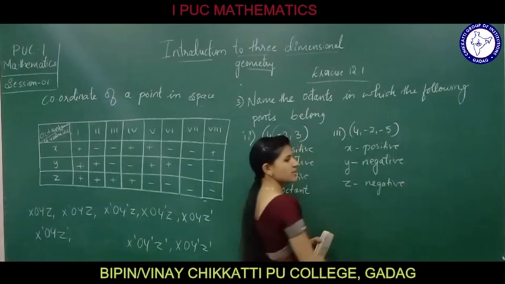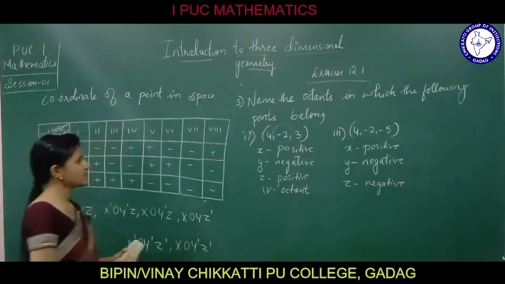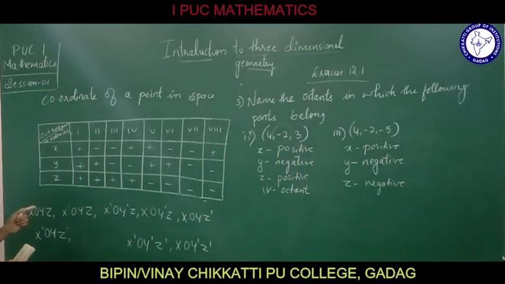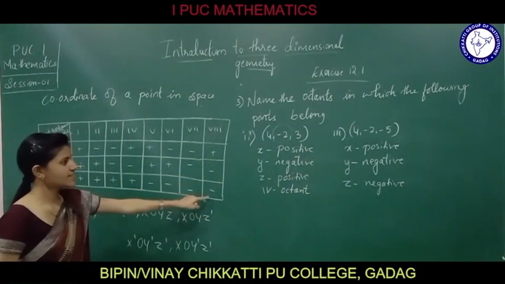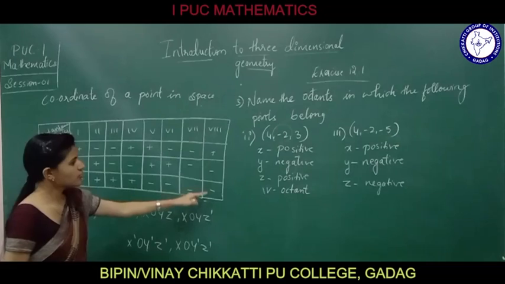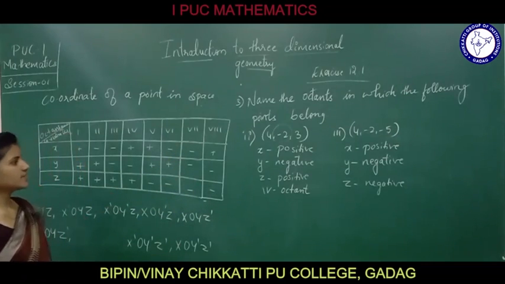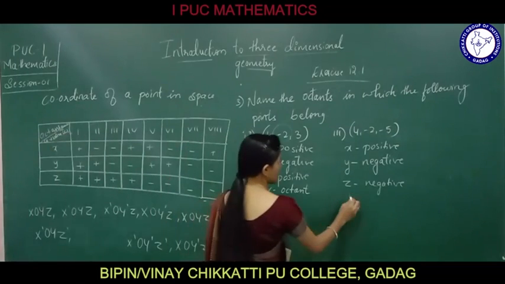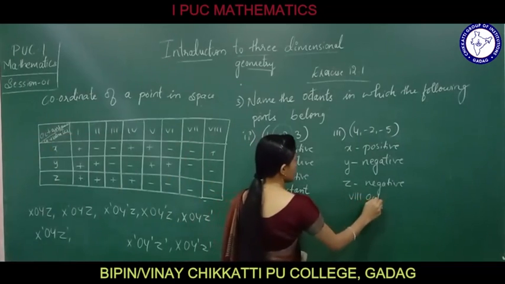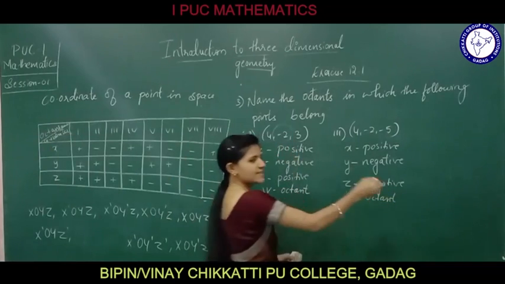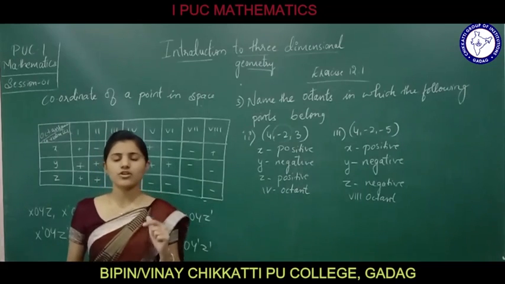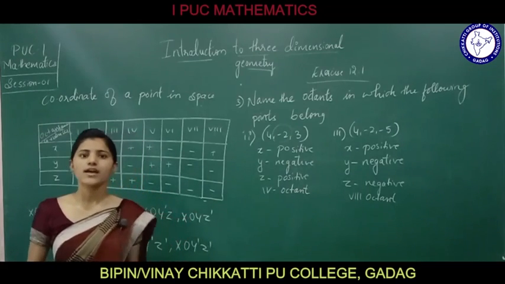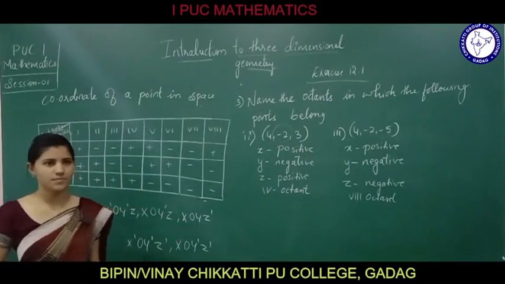In which octant are we going to find it? X is positive, y is negative, and z is also negative. In the sense we are going to find this in the 8th octant. Like that they have given many more points. You try to solve it on your own.